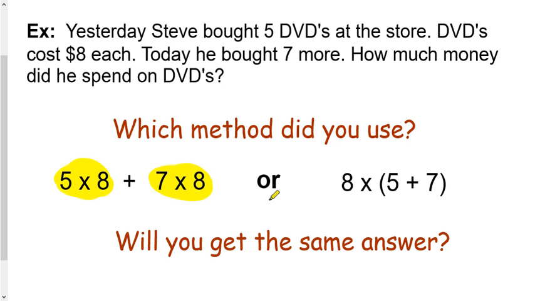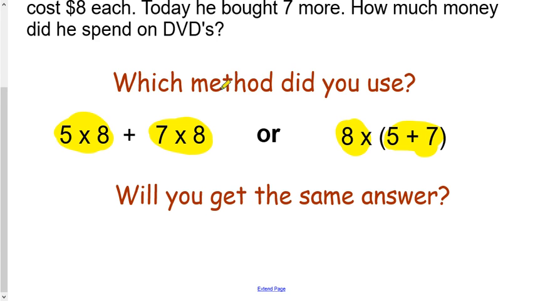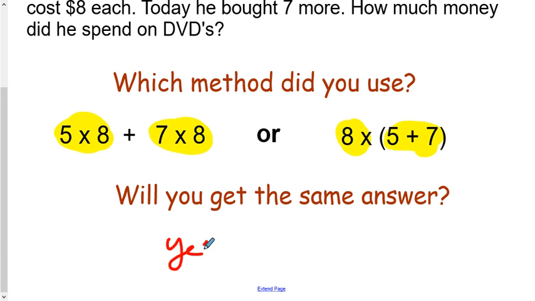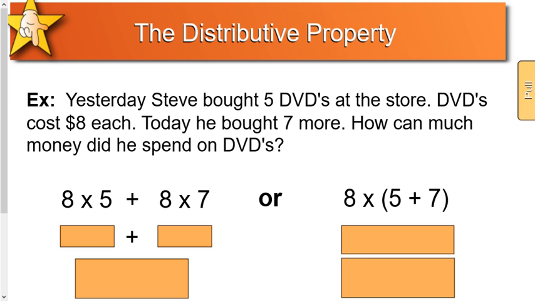Or you might have been someone who said, I'm going to add 5 and 7 to get the total number of DVDs, and then multiply by 8 because each of them costs $8. And the question is, will you get the same answer? Well, that's a good question. The truth is, yes, you will get the same answer. So we can actually write this 2 different ways, and this is the essence of our distributive property.